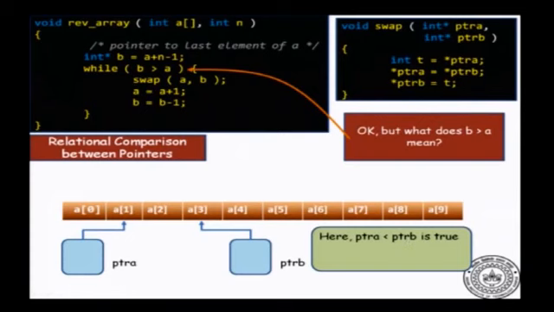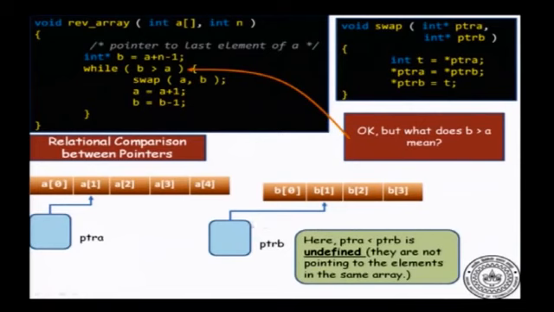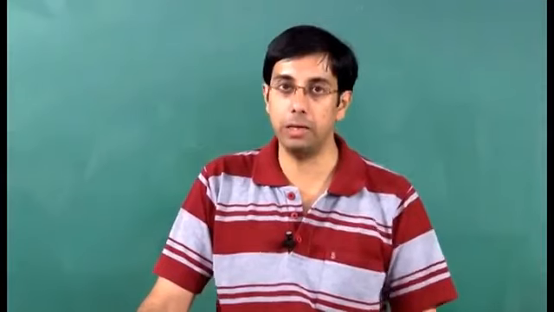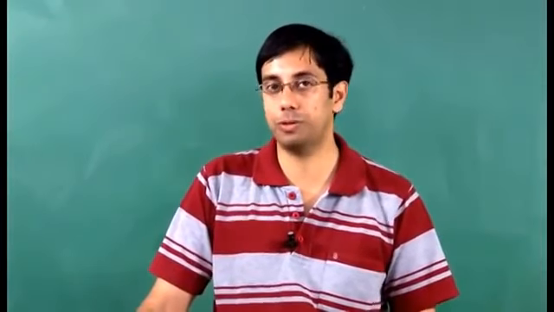Okay. Here the comparison is well defined and it's true. But on the other hand, let's say that ptrA is pointing to A[1] and ptrB is pointing to B[1]. Okay. In this case, ptrA less than ptrB is undefined because they are pointing to two different arrays.